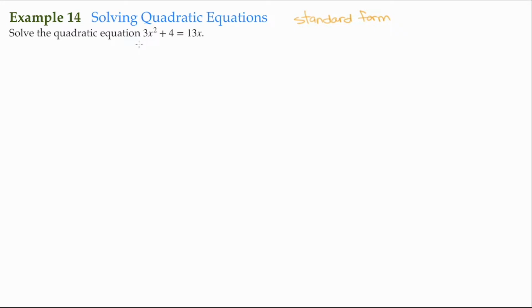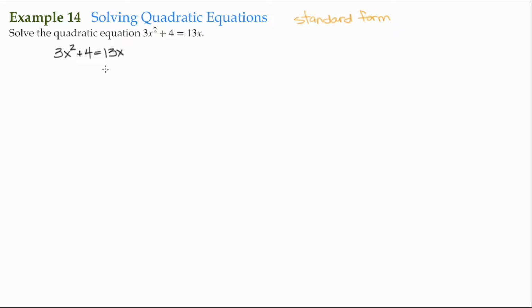So here we have 3x squared plus 4 is equal to 13x. So this is not in standard form. So I'm just going to rewrite it right here. We have 3x squared plus 4. That's equal to 13x.